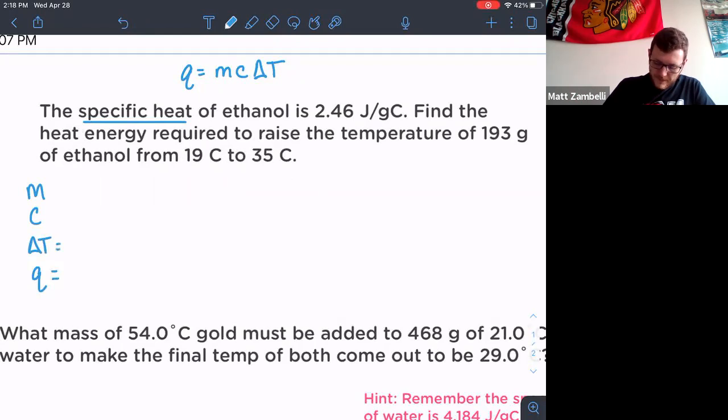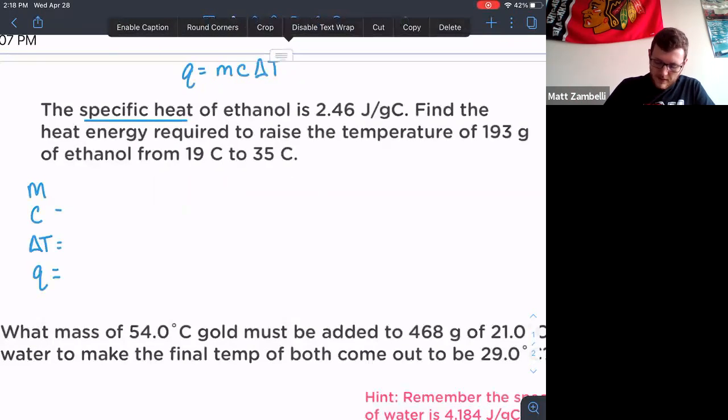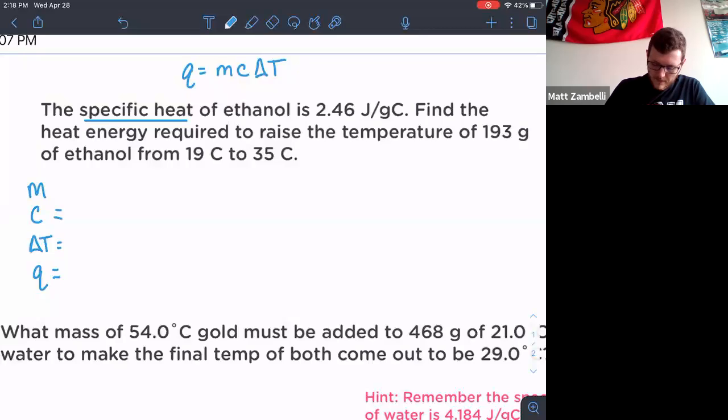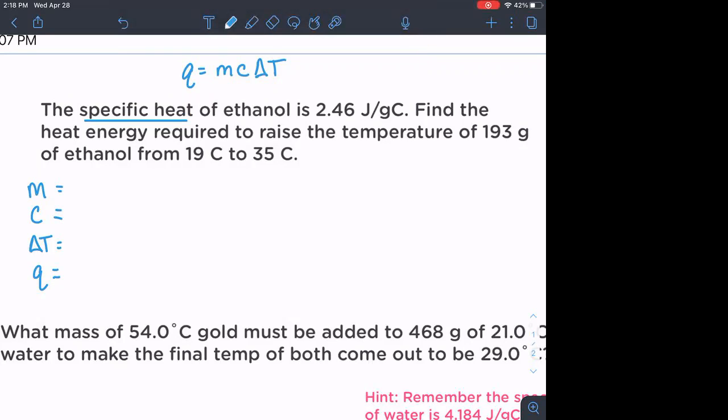So if we write out each of these variables, all right, let's identify what we were given based on our information. That first sentence, that 2.46 joules per gram degree Celsius, is that our mass, our specific heat capacity, our change in temperature, or our heat energy? Which variable?